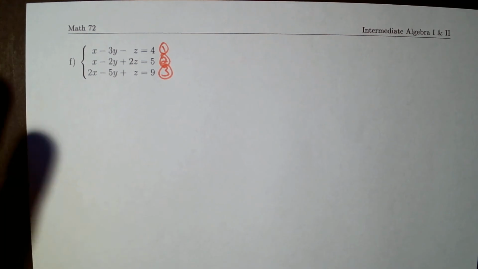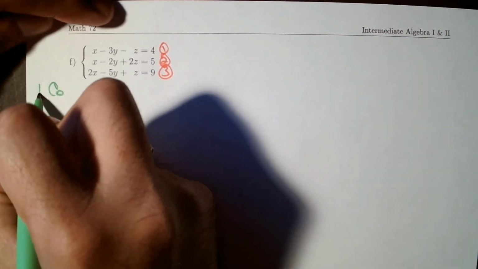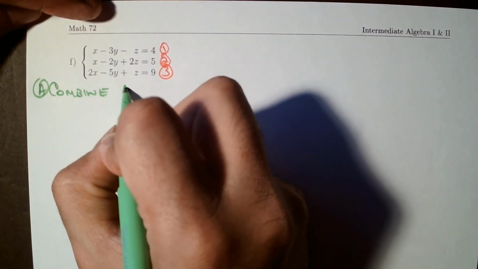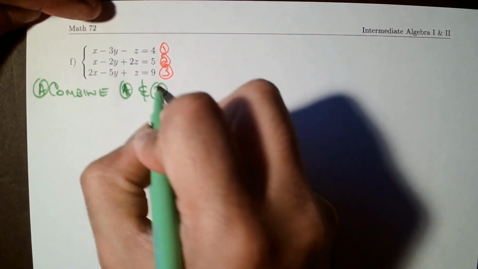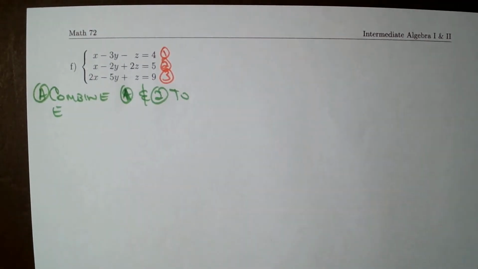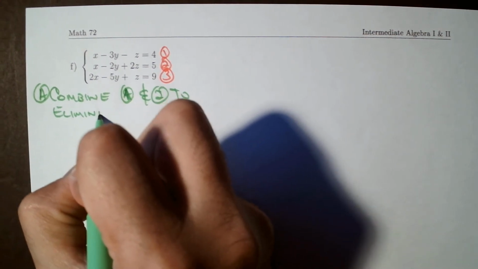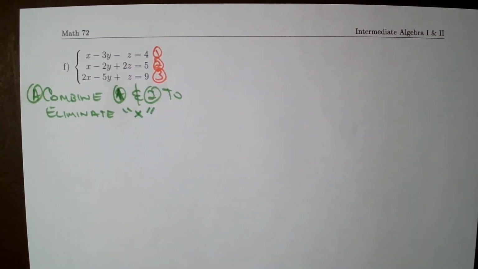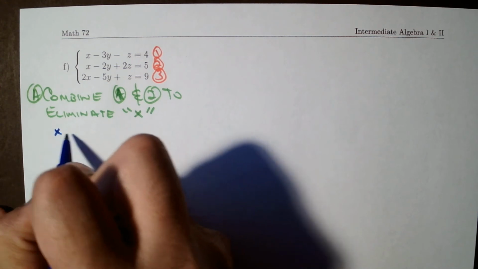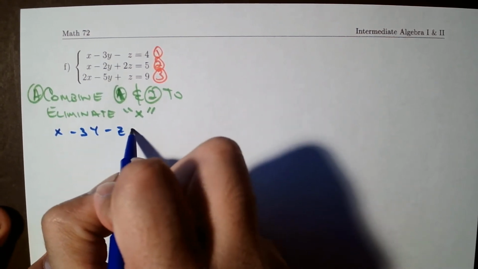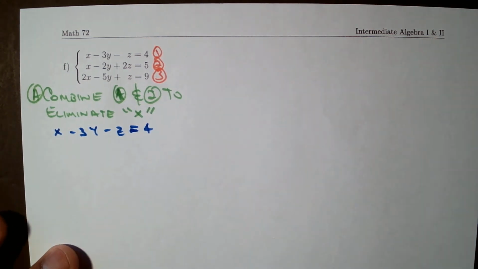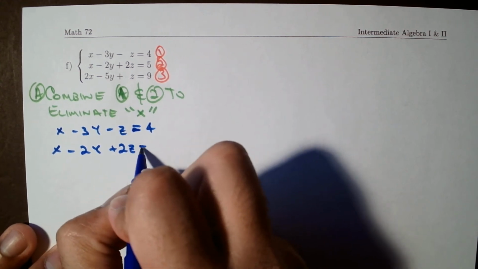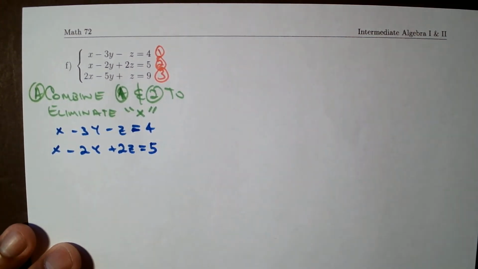And then let's combine. Part A, combine 1 and 2 to eliminate x, again. We go in alphabetic order as always. So x minus 3y minus z equals 4, and x minus 2y plus 2z equals 5.